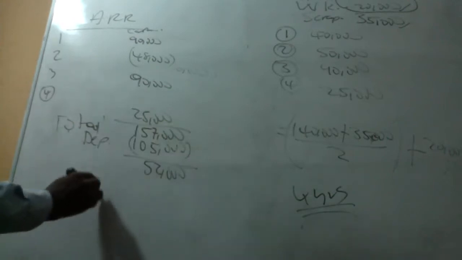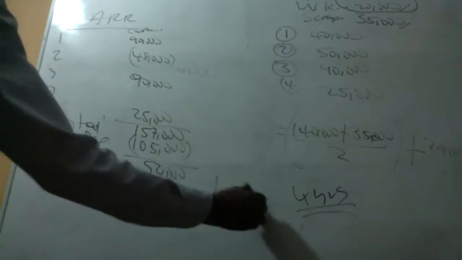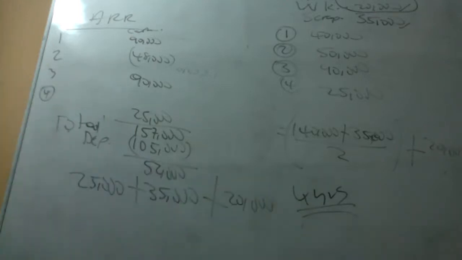The last year's cash flow, you have 25,000 there. That one plus the scrap value of 35,000 plus the working capital. If there's no working capital, you do it away. In fact, let me tell you the truth: most of your exam questions do not have working capital.